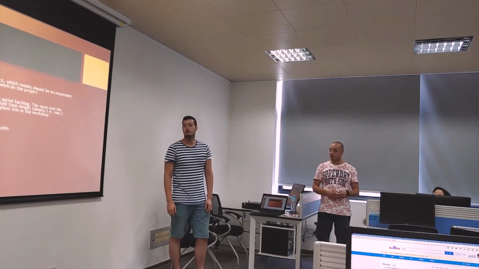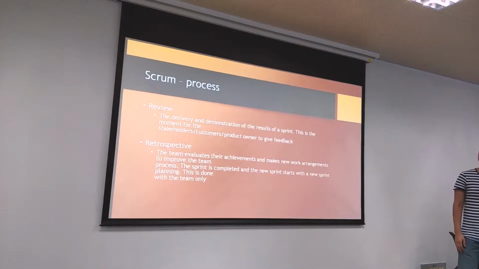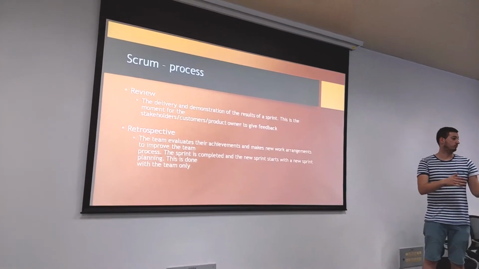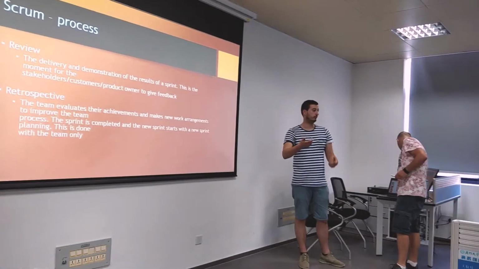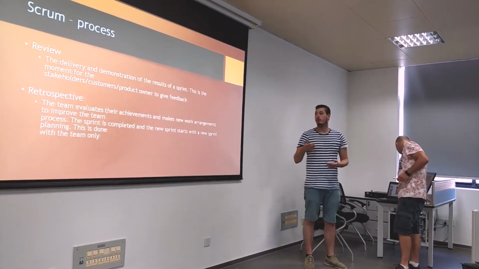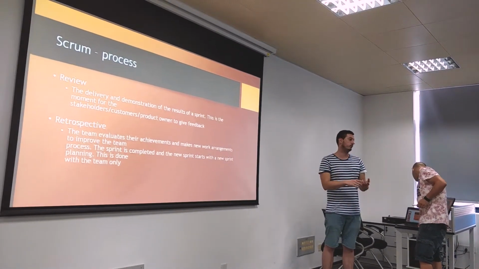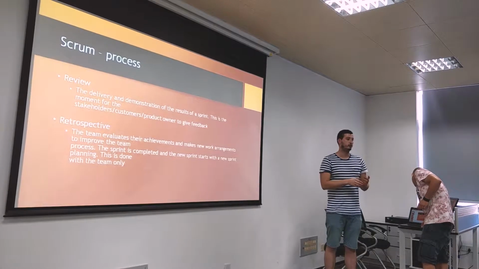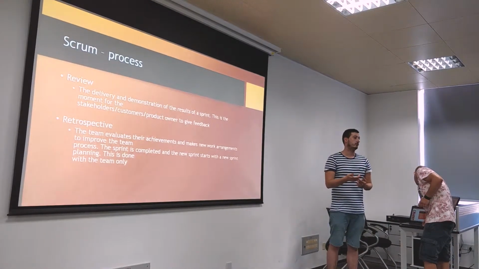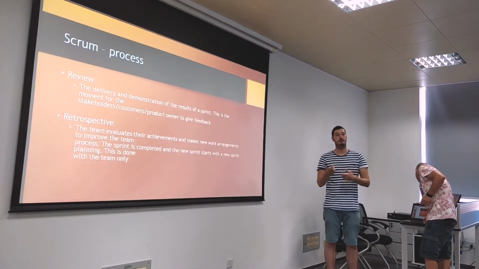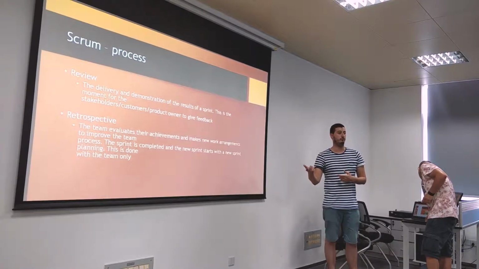That's more efficient. When the sprint is done, so 2 to 4 weeks, you work on your sprint backlog. You have a review with the stakeholder and the product owner. They can give feedback. So if there's something wrong or they want something else, they can say it right there at that moment.